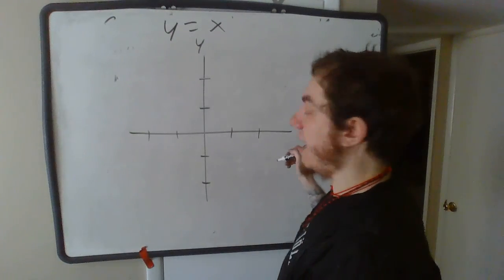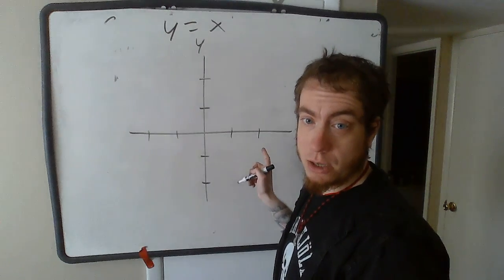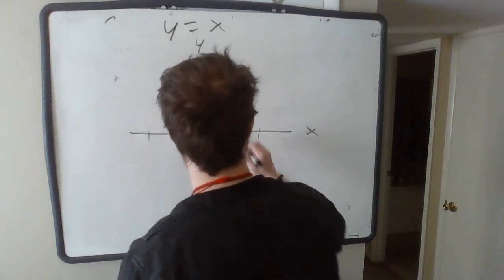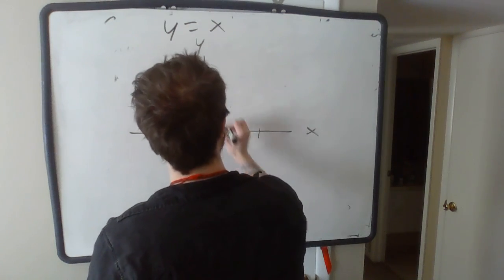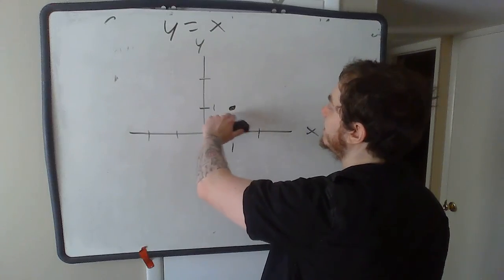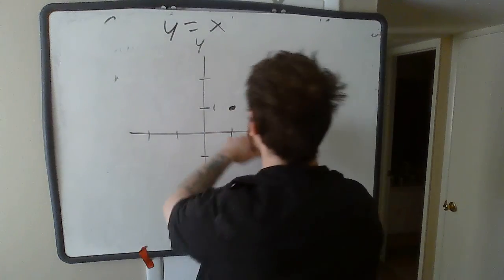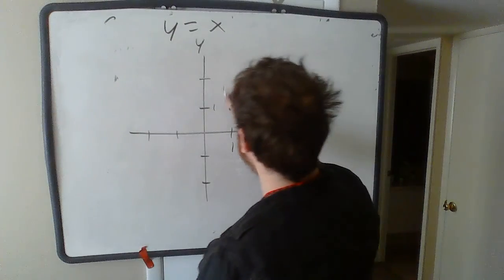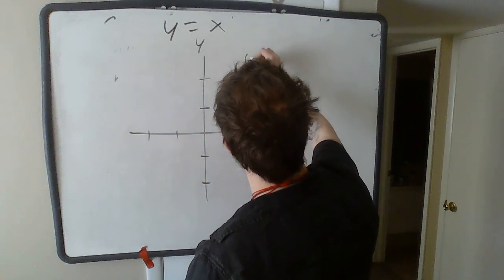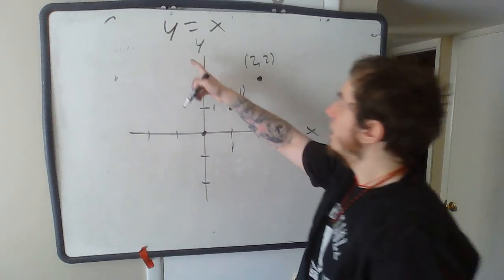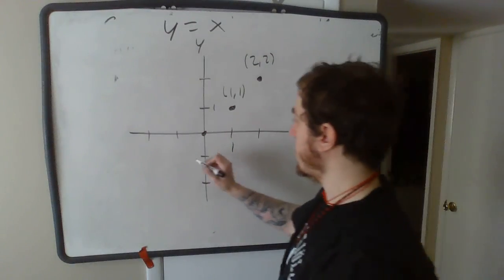For any given x value, the y value that I want to choose should be equal to it. So for example, at an x value of 1, the solution to this equation is that y is equal to 1. At an x value of 2, y should have a value of 2. When x is equal to 0, y should also be equal to 0.